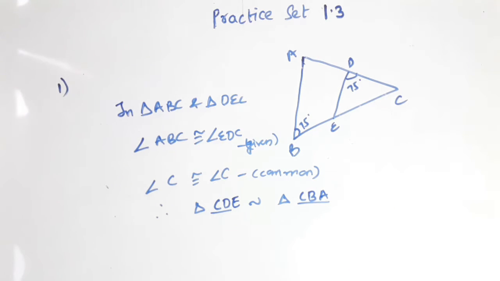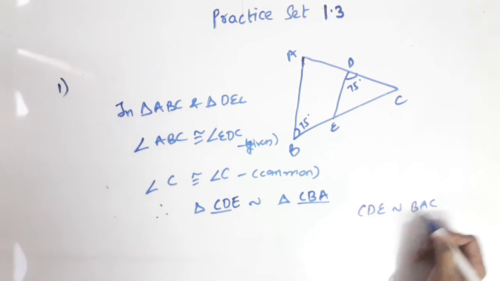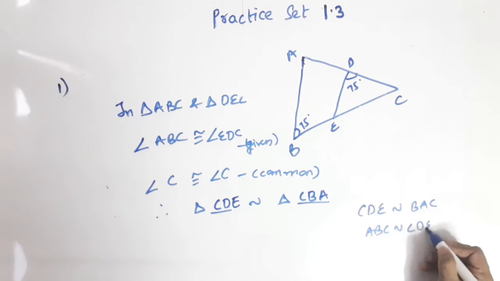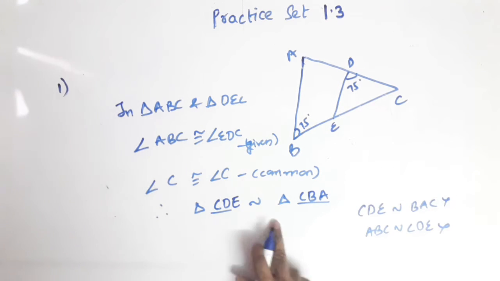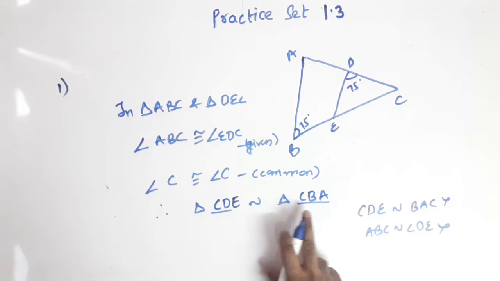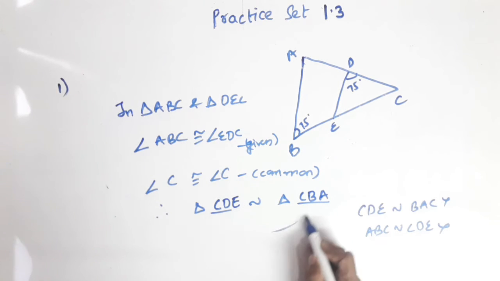So this is how we are going to write: CDE similar to CBA. If you write CDE similar to BAC or ABC similar to CDE, they all are wrong. Similarity should be proper when it comes to correspondence: first with the first vertex, second with the second one, and third with the third one.